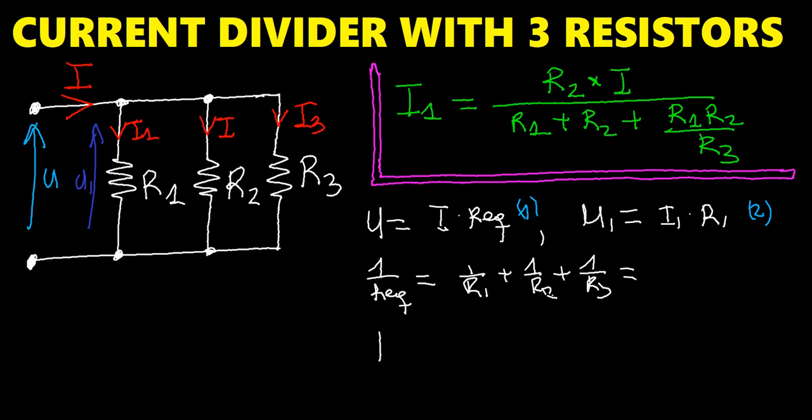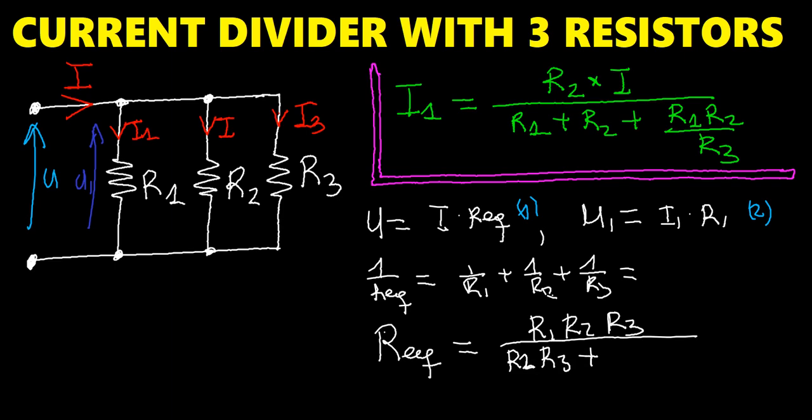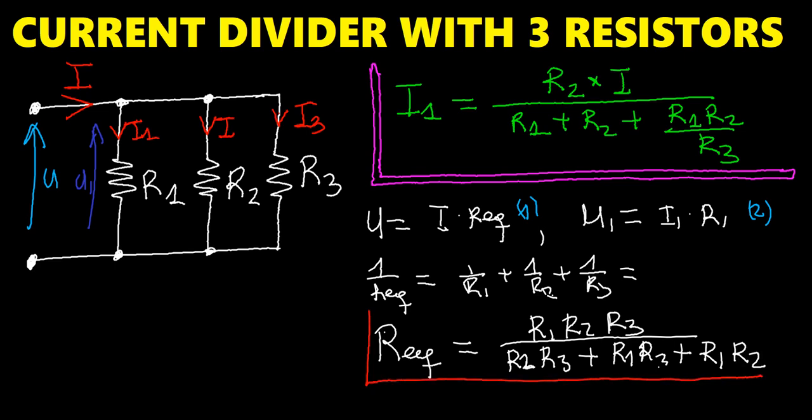R equivalent will be equal to the product R1 R2 R3 all over R2 R3 plus R1 R3 plus R1 R2. That is the expression of the equivalent resistor.